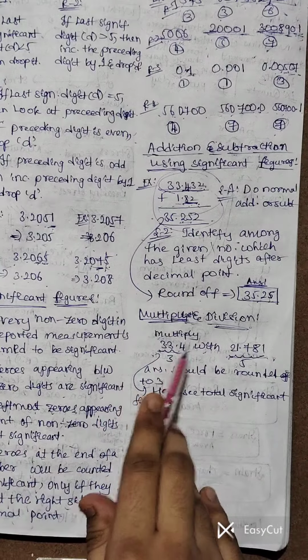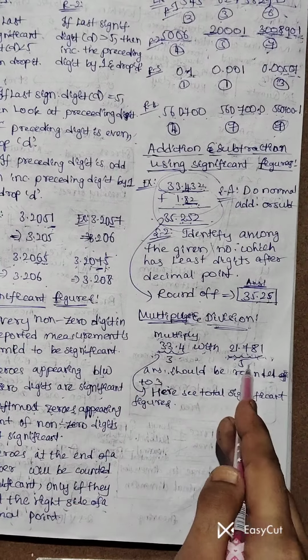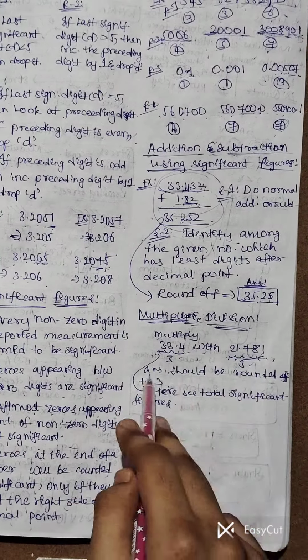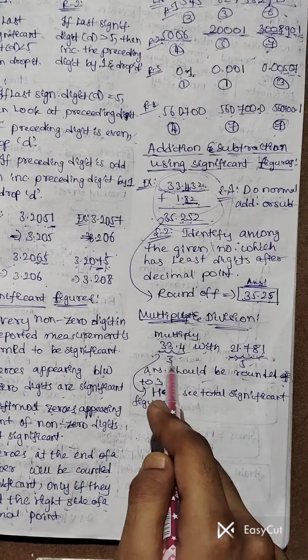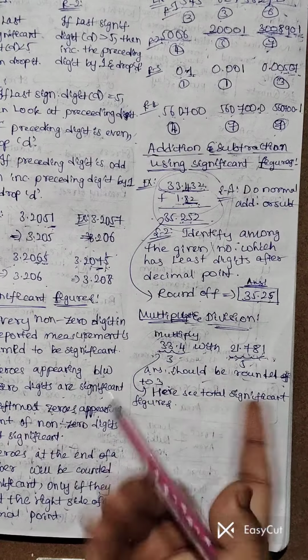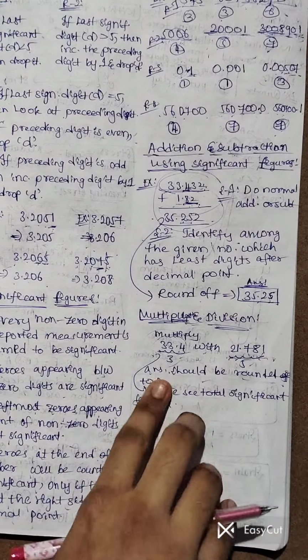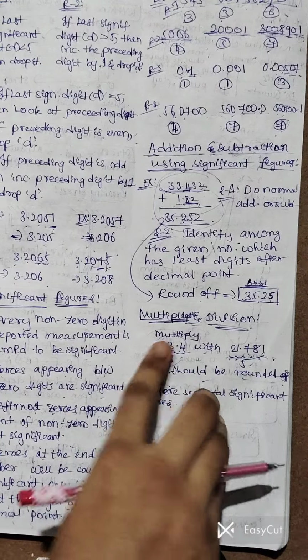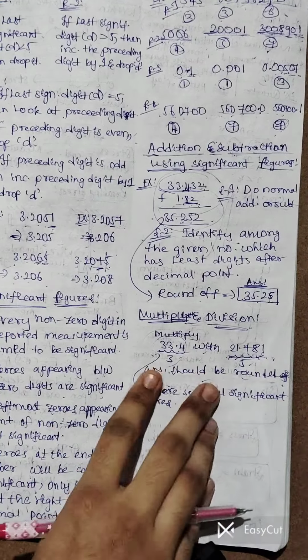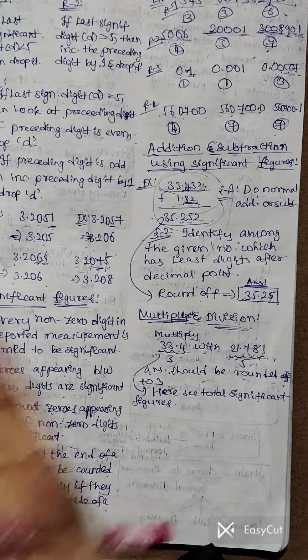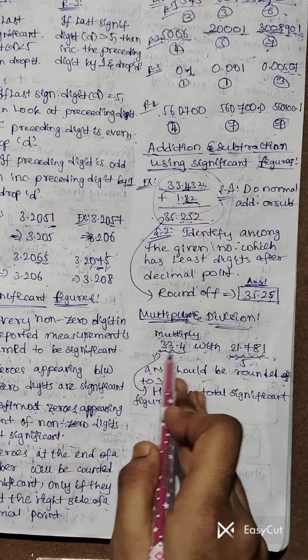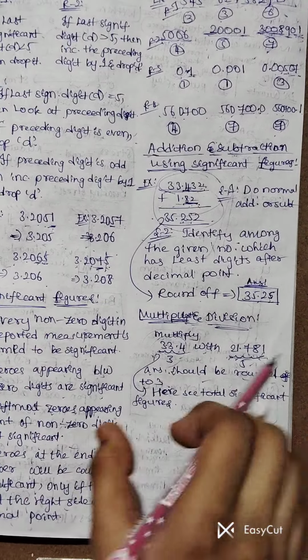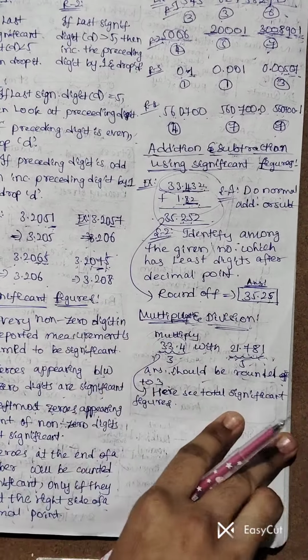Here the total number of significant figures is 3, and here it is 5. So the answer should be rounded off to the least number of total significant figures. Here the least number is 3, here it is 5. So you have to consider only 3 significant figures after multiplying this.